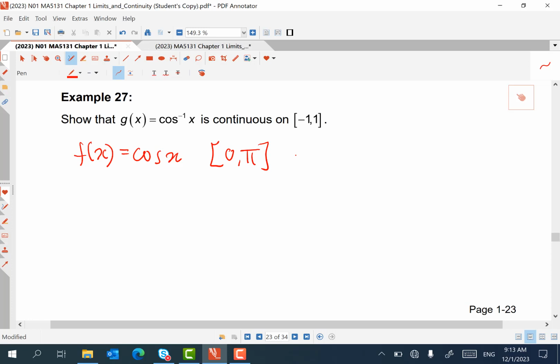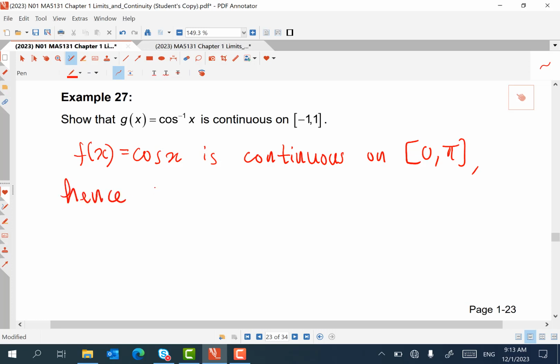Maybe I should write this thing down. Hence, its inverse. The inverse in this case is g(x) now.